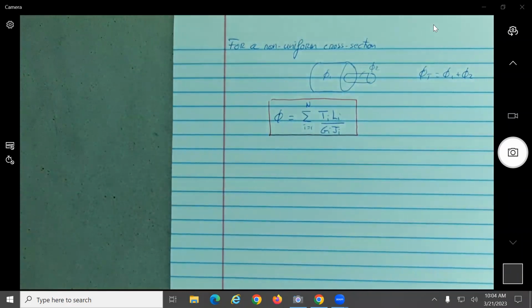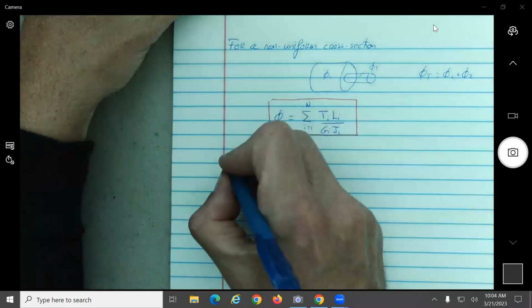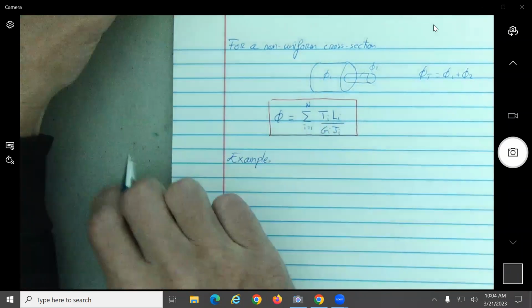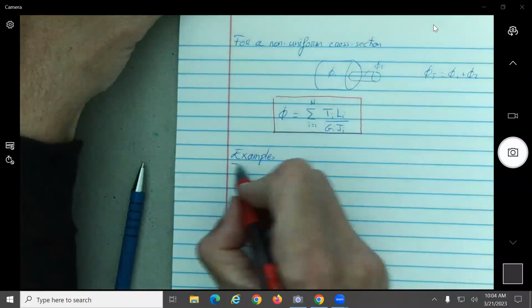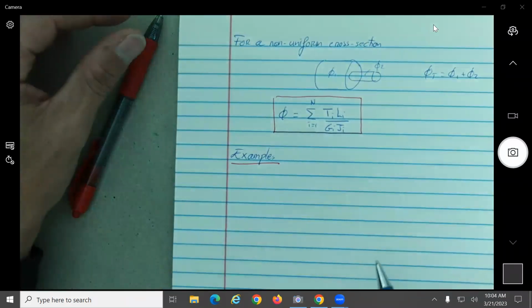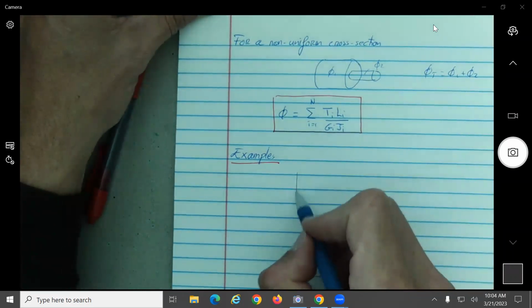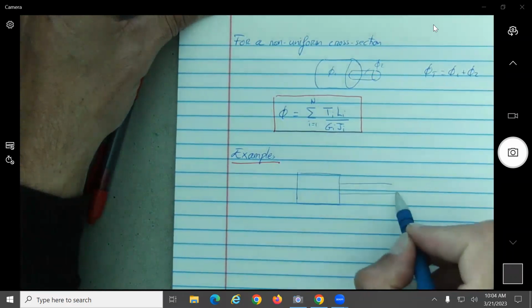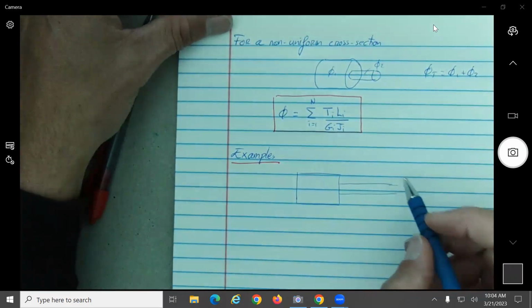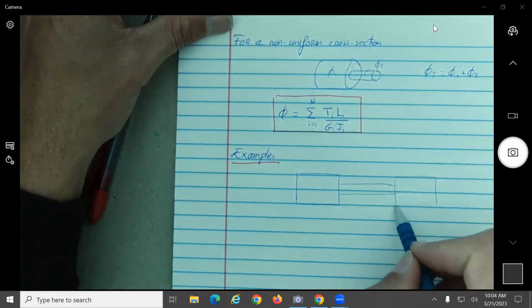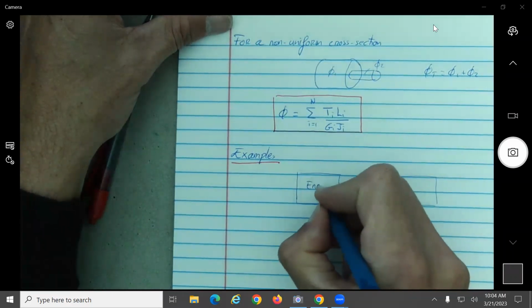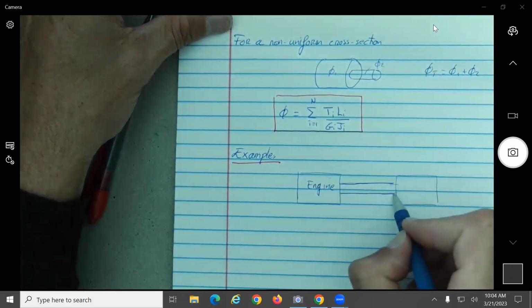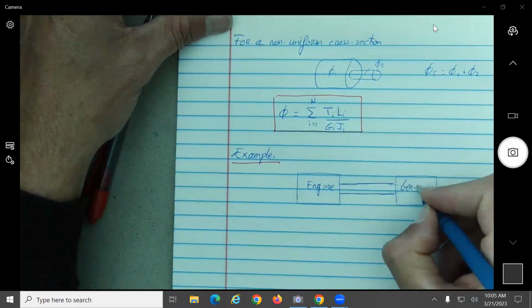Okay, so I have here an example. So let's say you have an engine over here, which needs to, this shaft is ridiculously big, but it's connected by a shaft to a generator.